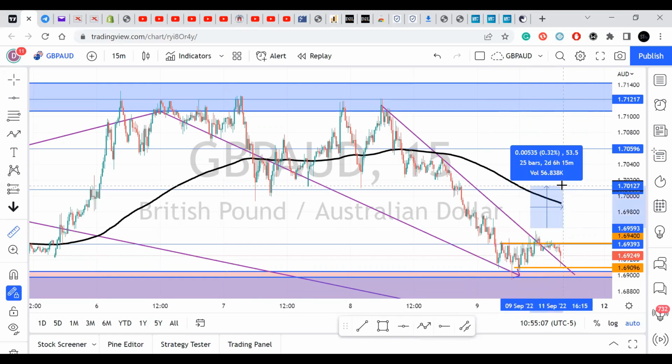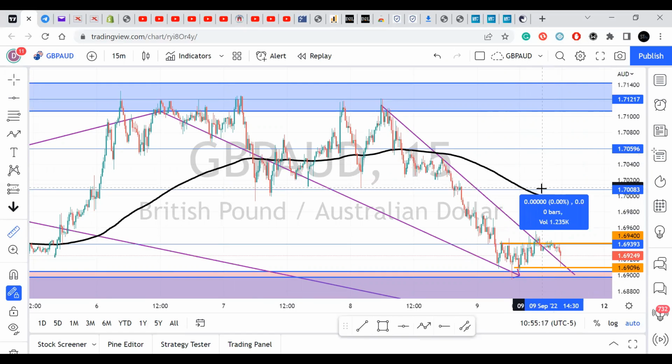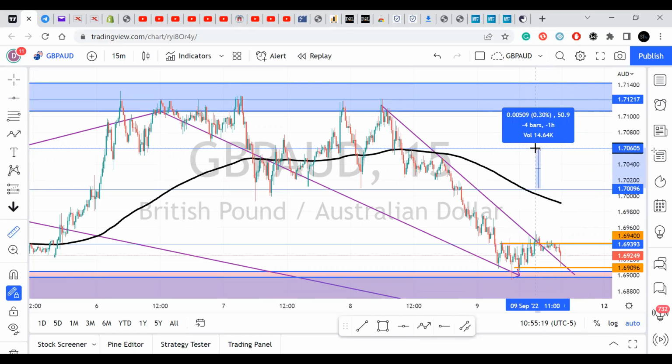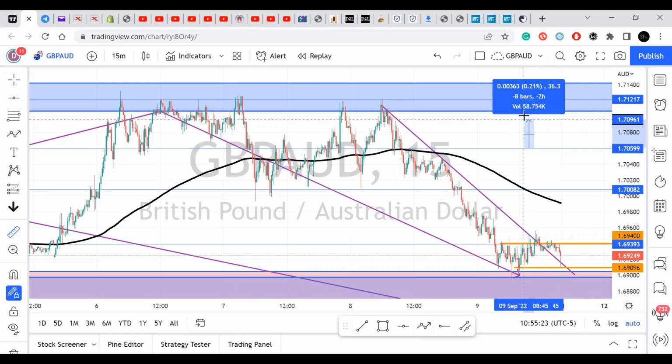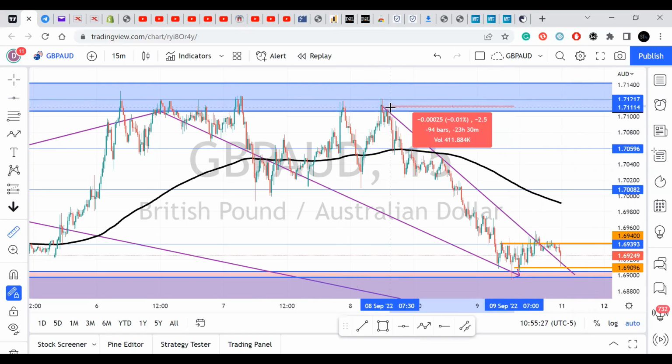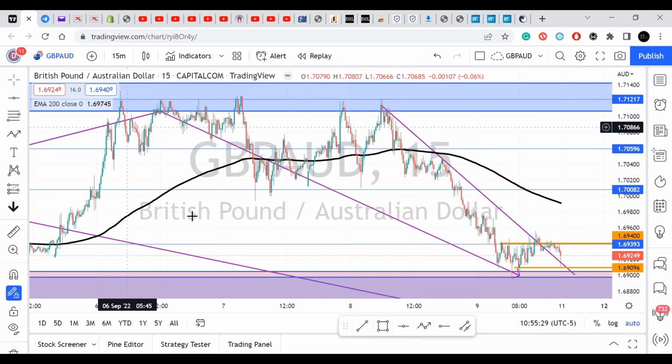So if TP1 hits, then you target TP2. After a pullback, you place another buy stop to the next TP. The next TP is this, then possibly come back to this our high. So this is what I'm looking at on this pair.